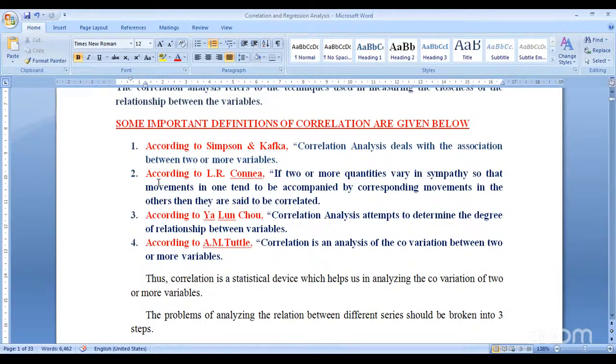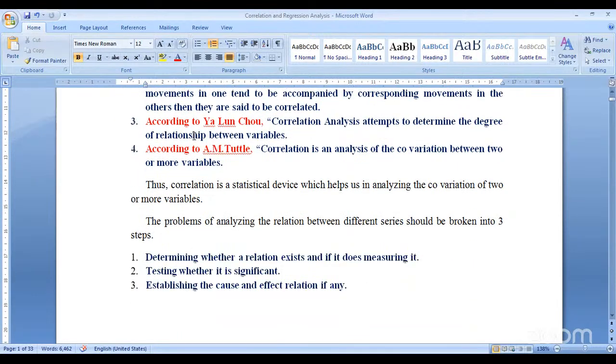Then according to A.M. Tutel, correlation is an analysis of the covariation between two or more variables. Thus correlation is a statistical device which helps us in analyzing the covariation of two or more variables.